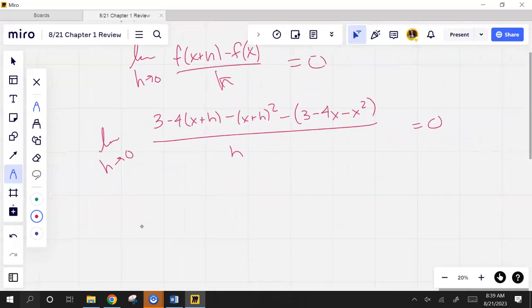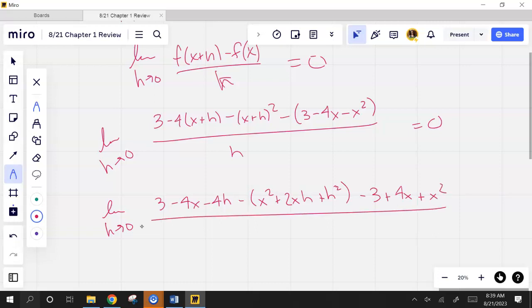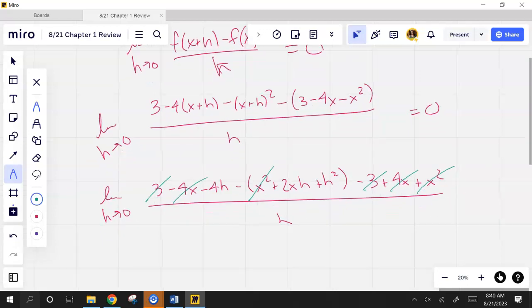Lots of algebra. 3 minus 4x minus 4h minus x squared minus 2xh minus h squared, minus 3 plus 4x plus x squared, everybody over h. Maybe some stuff will cancel: 3's, 4x, x squared.